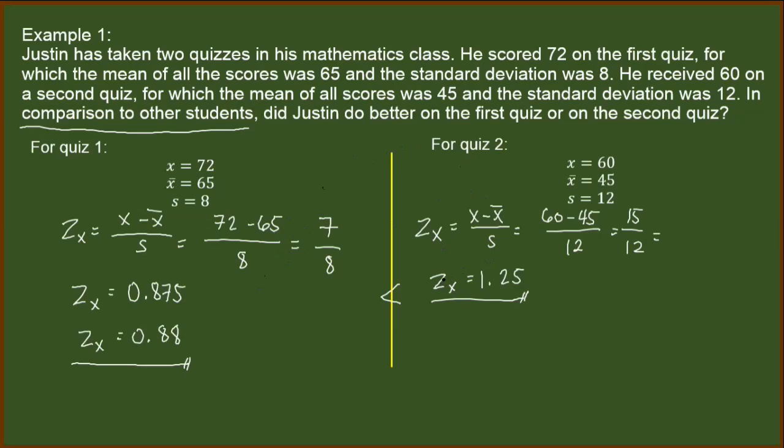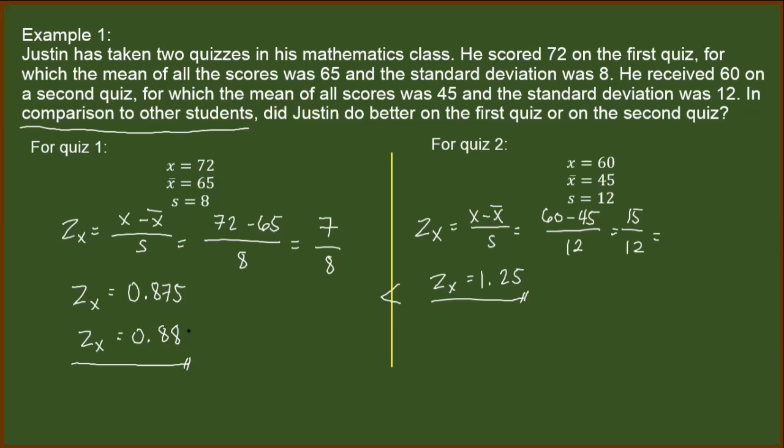It means that the score of Justin for quiz 2 is 1.25 standard deviations away from the mean. This is relatively higher as compared to 0.88, that only means 0.88 standard deviations away from the mean.